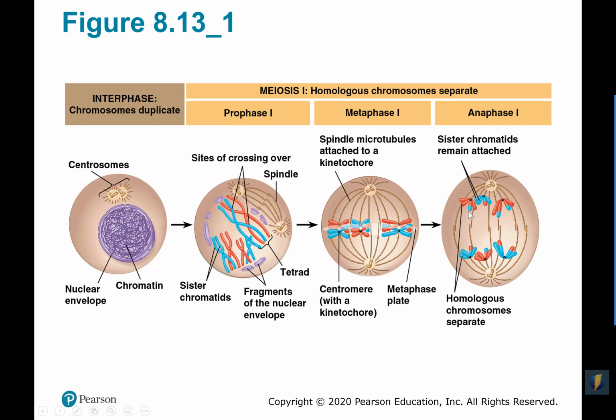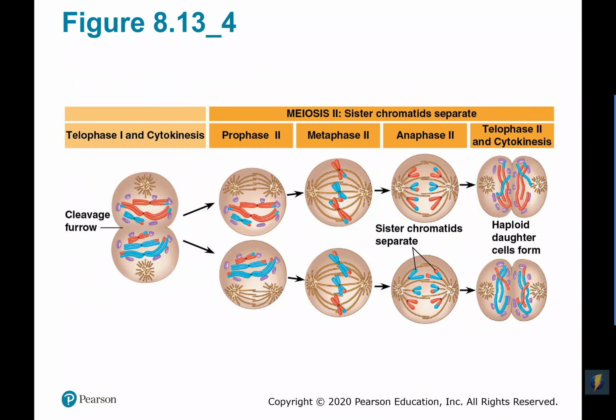Now, the chromatids are still attached to each other, but the homologous pairs will be separated, pulled apart during anaphase 1 as the cell elongates. We will get cytokinesis and telophase 1, where the mitotic spindle will disintegrate.